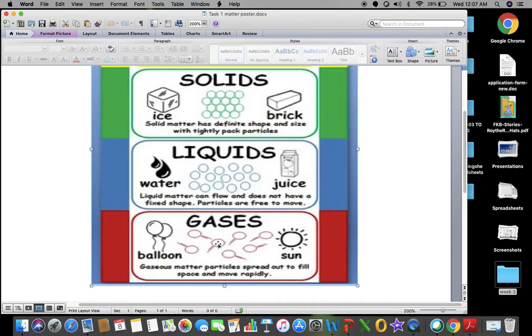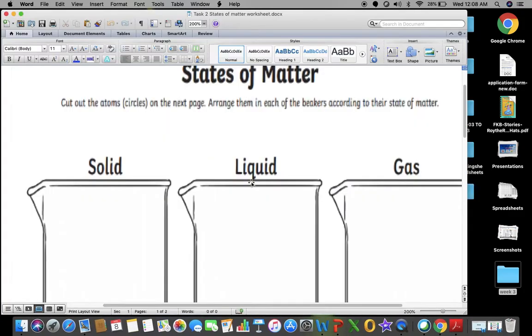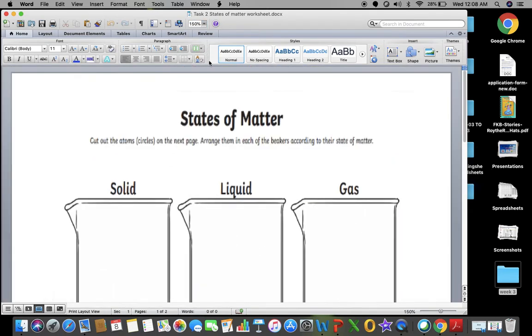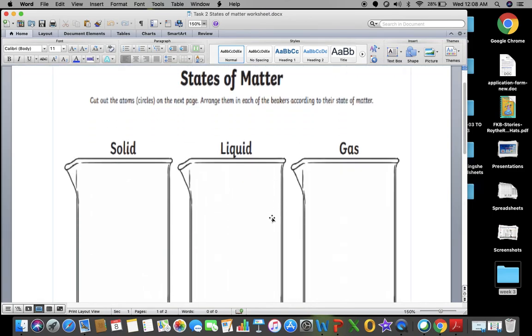So I hope you understood the concept, and now I want you to do a task based on this. You have the three states of matter here: solid, liquid, and gas.